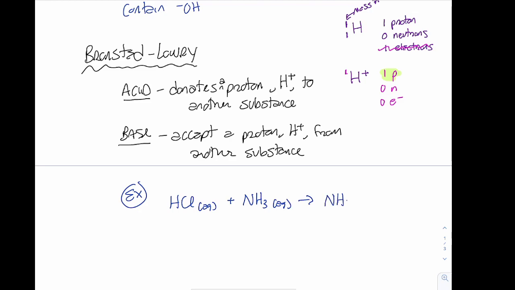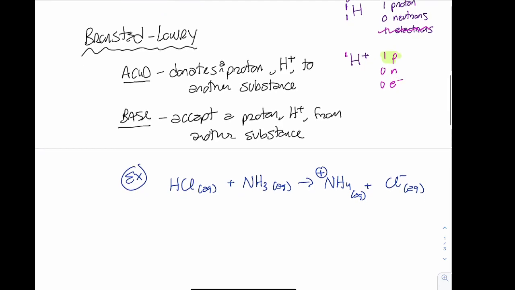When it accepts a proton, I get NH4 with a positive charge plus chloride ions. So NH4 plus, that was ammonium. It was one of the polyatomic ions that you were supposed to learn in 150, 151. So I do expect that you still know that. Ammonium ions.